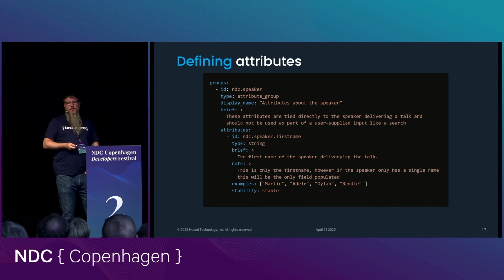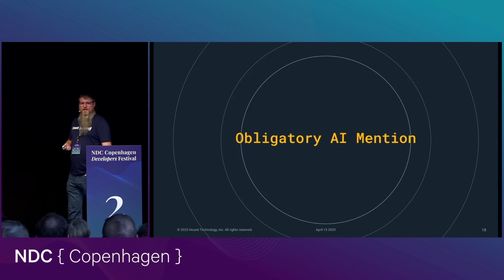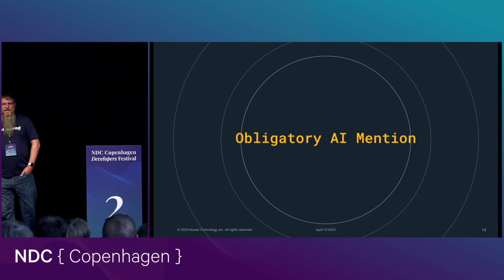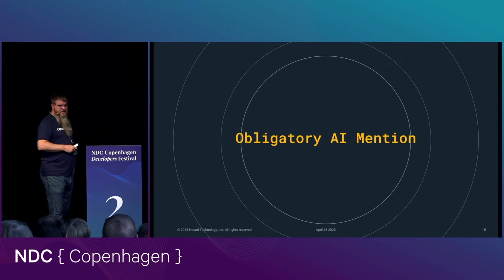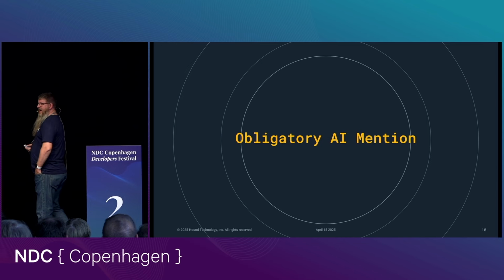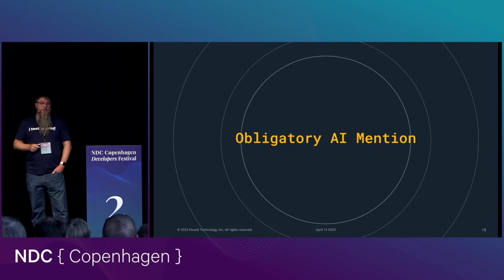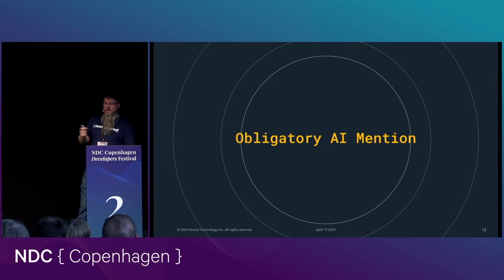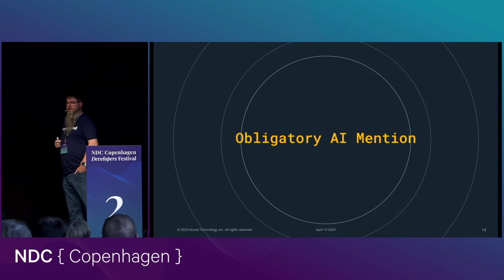Now, it wouldn't be a talk in 2025 if I didn't mention AI. Now, as a certified AI realist and not a fanboy, I don't normally like talking about AI. However, in this scenario, these two things go really well together.